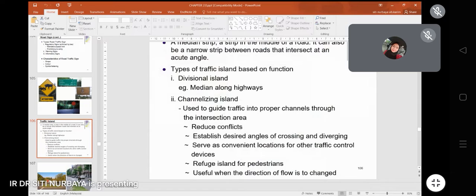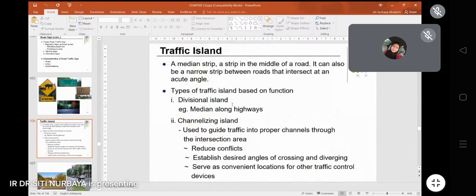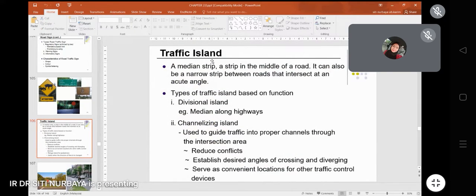Dan jenis yang ketiga adalah traffic island. Okay. So traffic island atau in Malay we call it pulau traffic. Pulau traffic ni can be described as a median strip, a strip in the middle of a road.